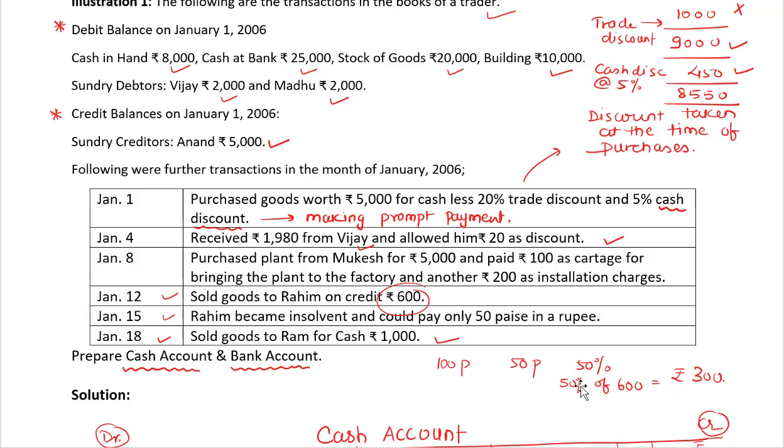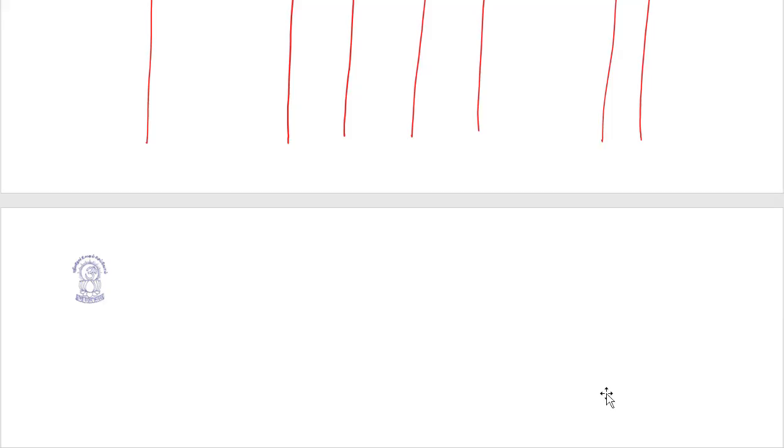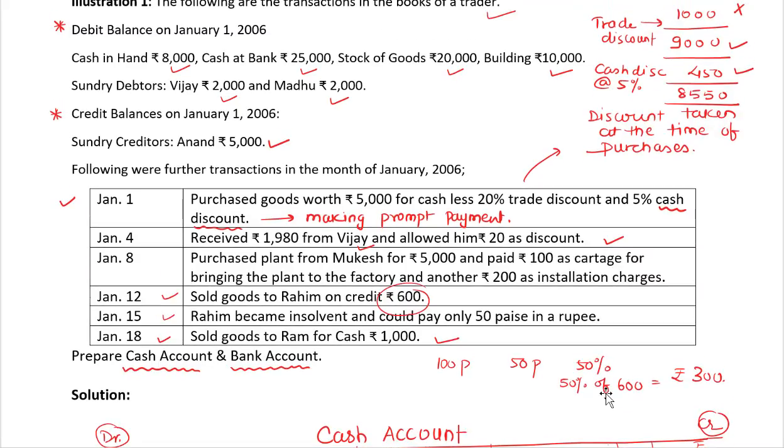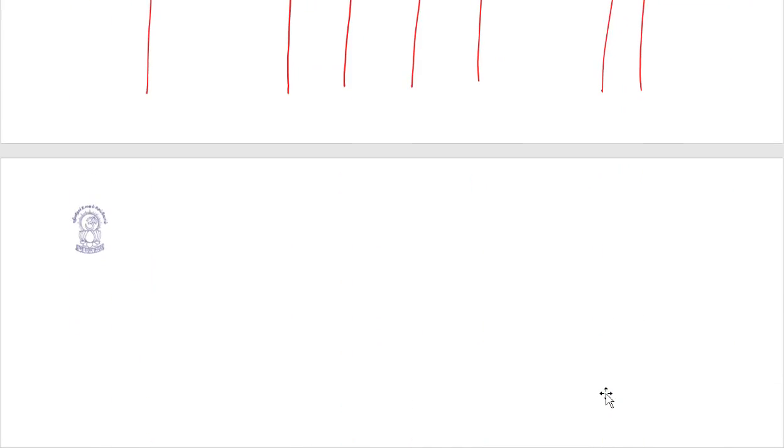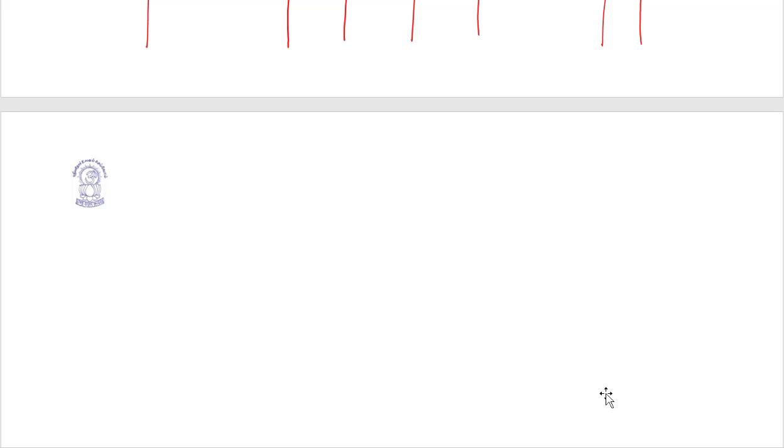Then just see this first journal entry. Purchase goods worth 5,000 for 20% trade discount and 5% cash discount. Students, what would be the journal entry? Purchases. So you see it over here, 5,000 minus 20%. 20% of 5,000 is 1,000.